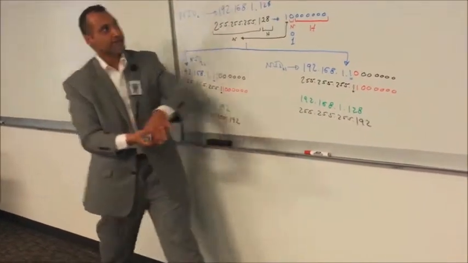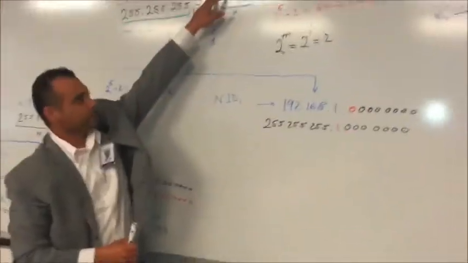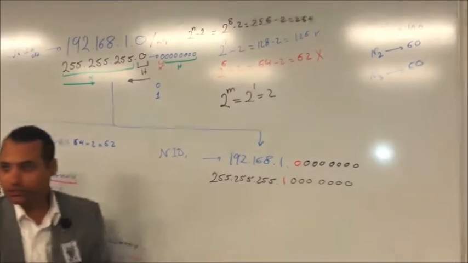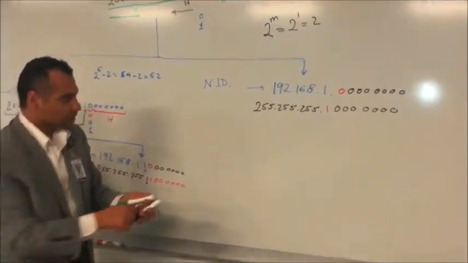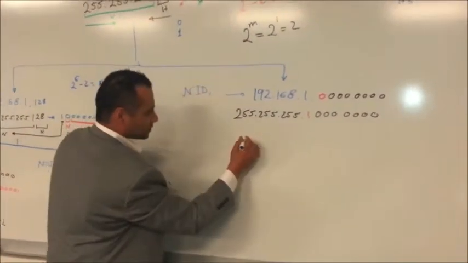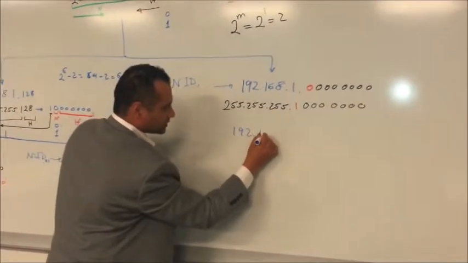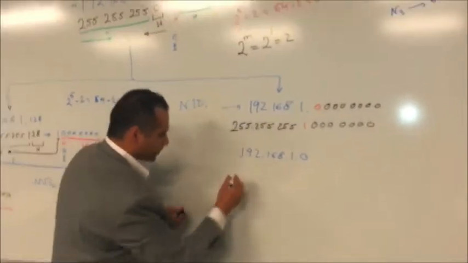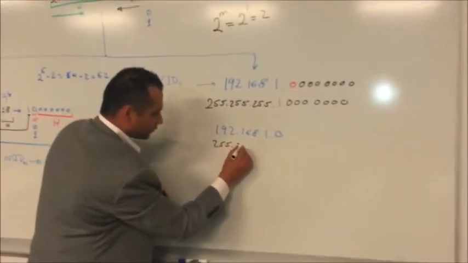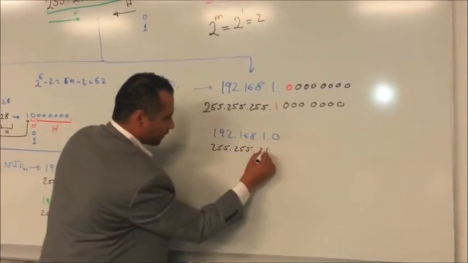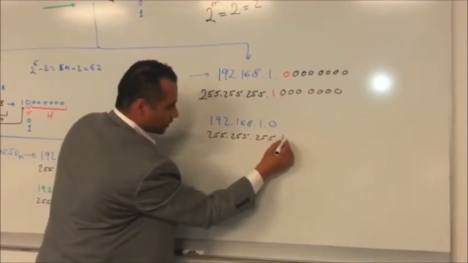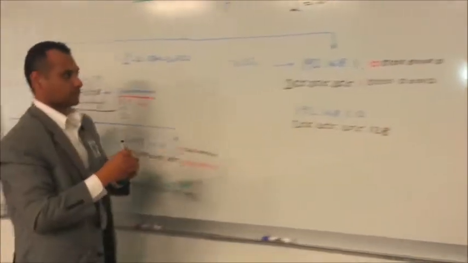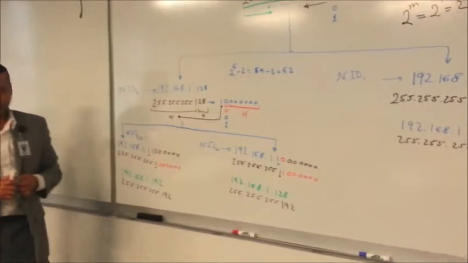Now let's go back to the slash. Slash here now is different. I cannot write down the slash here with the old one. Okay, let's write down here the newer one. It's going to be 192.168.1.0, right? And 255.255.255.128. Correct? The same way we have it over here.